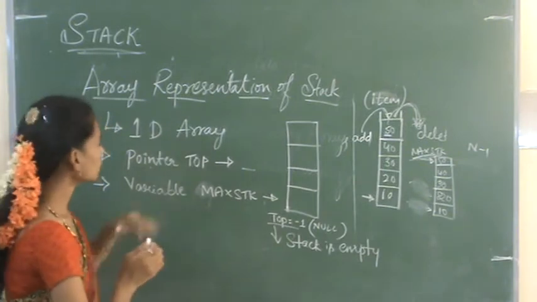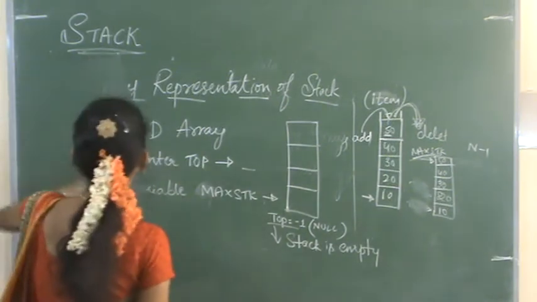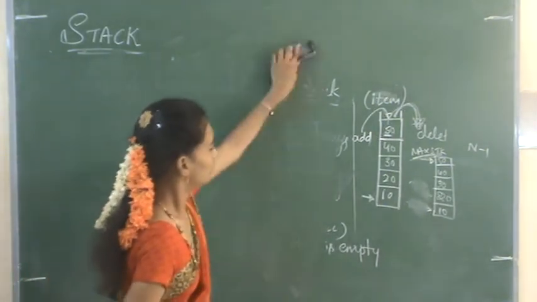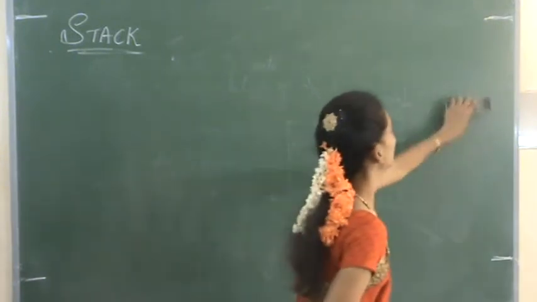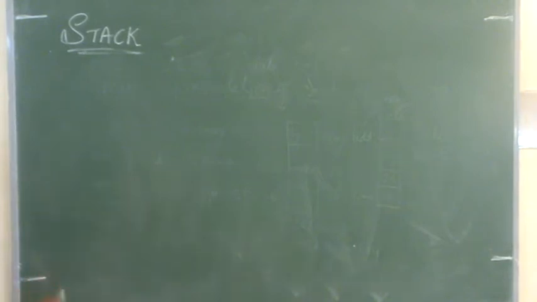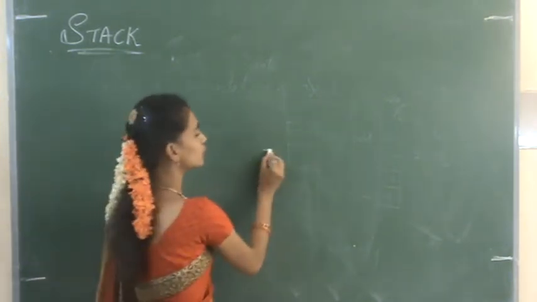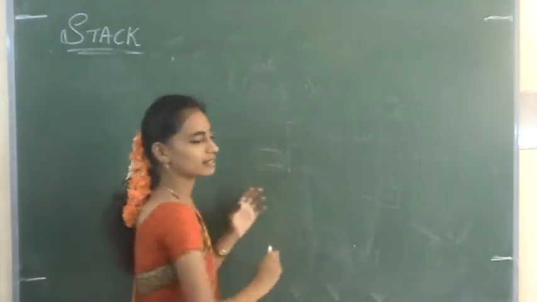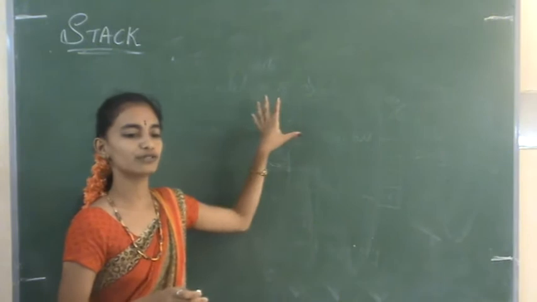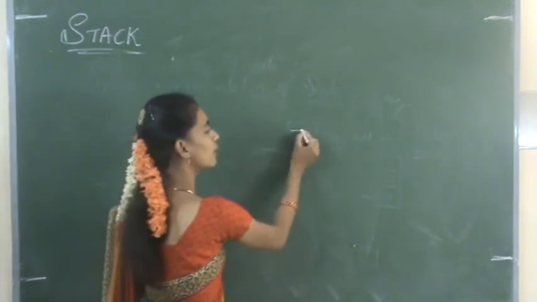Let me show how exactly this stack works. First I will give one example. As you know, you browse things on the internet. If you browse some data, for example you search for stack, www.stack, you will get one page with different links.